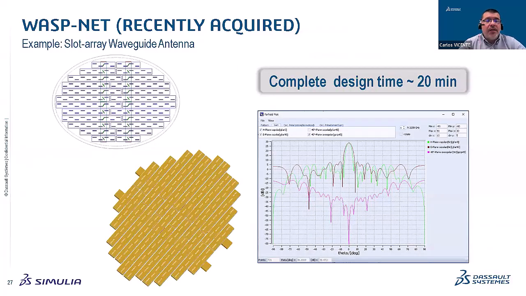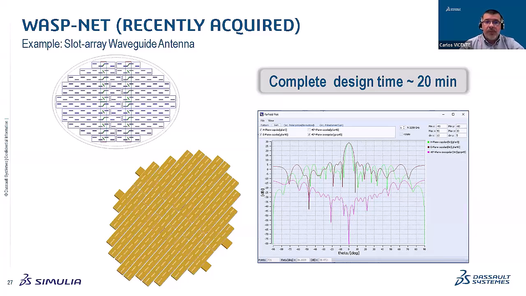Just very briefly, here is an example of one of the wizards, the slot array waveguide antenna wizard. Here we are talking about more than 180 slots. Okay, and this can be really designed automatically in just around 20 minutes, including all the optimization or ad hoc optimization that you have in there for this type of arrays.